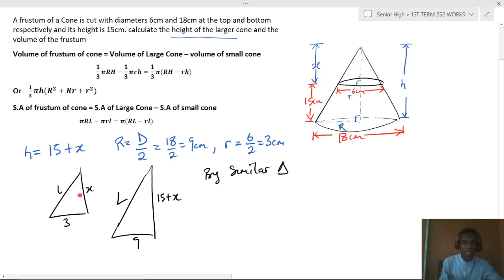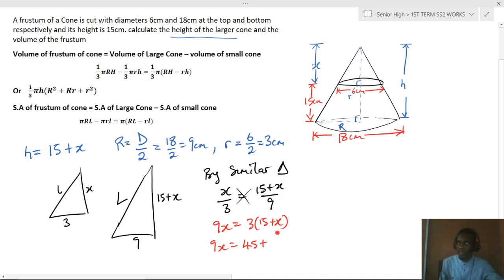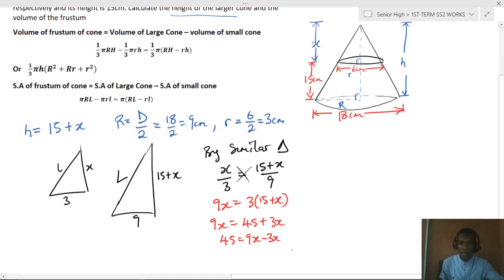So by similar triangles, we can solve this by equating their ratios. That will be x over 3 is equal to 15 plus x over 9. When you cross multiply, you have 9x is equal to 3 times 15 plus x. Let's do it step by step. That will be 9x is equal to 3 times 15, 45, plus 3 times x, which is 3x. Taking like terms, you have 45 is equal to 9x minus 3x, which gives us 6x.